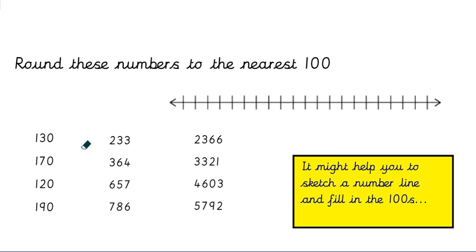Okay, so working our way down. 130 to the nearest 100 is 100. 200, 100, 200, 200, 400, 700, 800, 2,400, 3,300, 4,600, and 5,800.